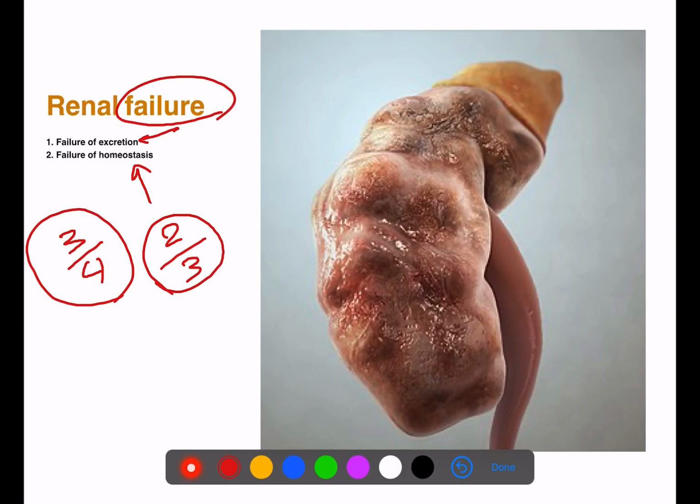Let's start with the failure of excretion. Failure of excretion mainly occurs within the glomeruli, because the glomeruli are mainly responsible for excretion. This function is called the glomerular filtration rate. When there is a reduction in the glomerular filtration rate, there is a disturbance of glomerular function, and failure of the glomeruli leads to failure of excretion.